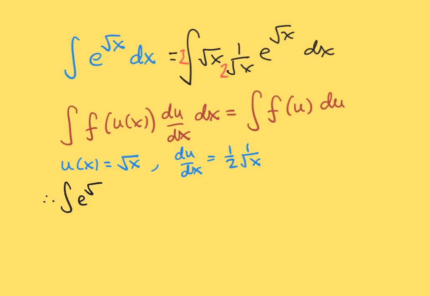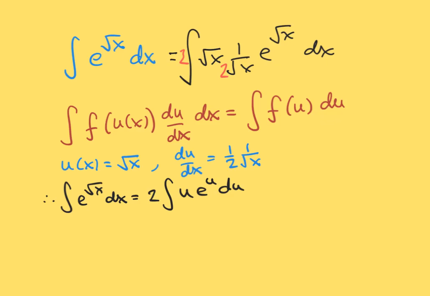So therefore our integral of e to the root x dx is equal to 2 times the integral, and now we have a square root of x, but that is u, so we just write the u down. This is du dx, and this is f of u of x, so it's e to the u of x, u being the square root, so we have e to the u, and now this is integrated with respect to u.